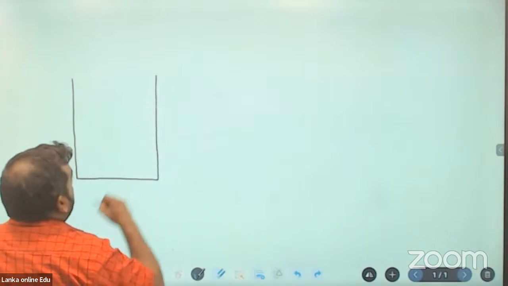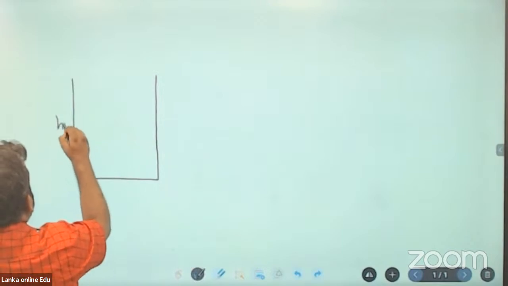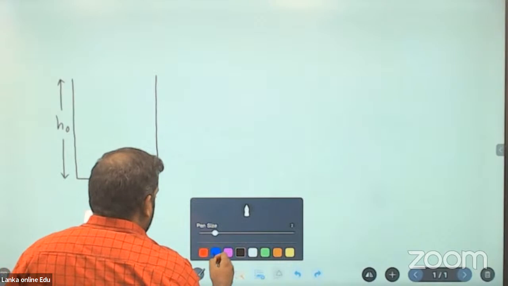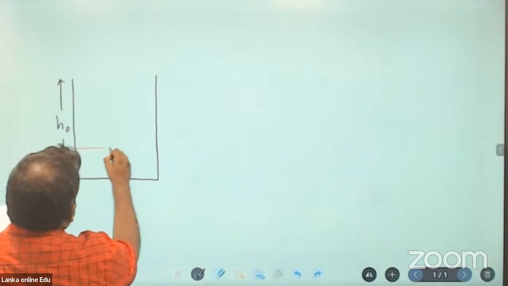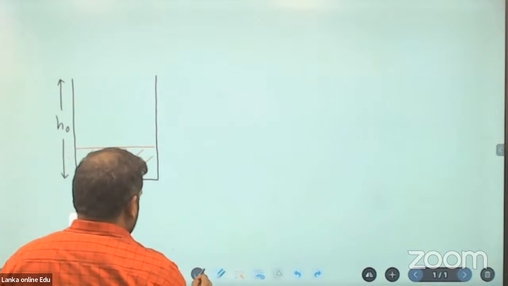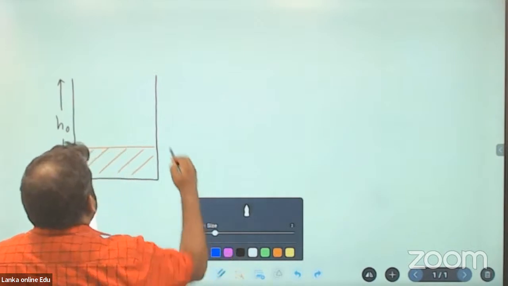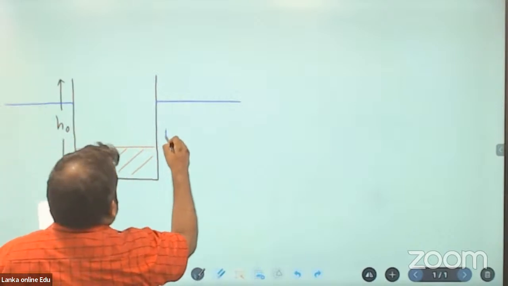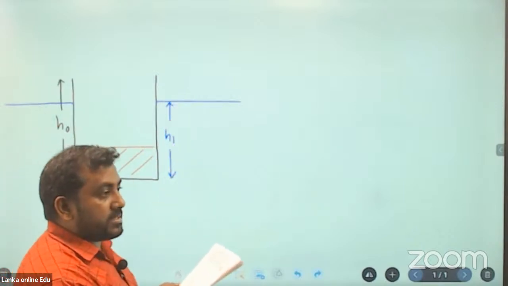Total height h0. Here there is some oil, and it's floating submerged h1 height.